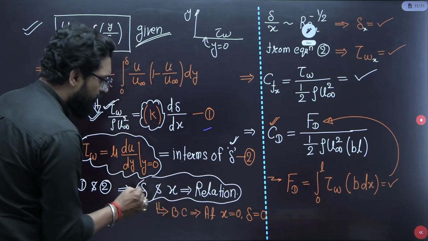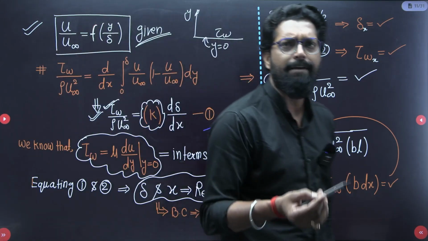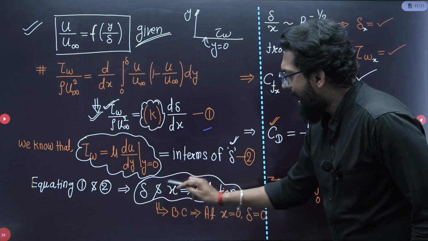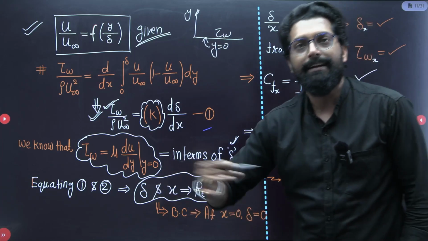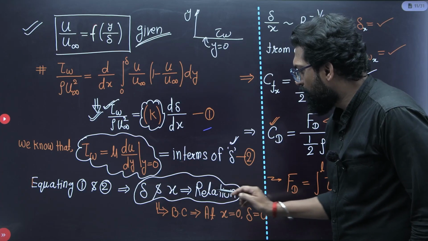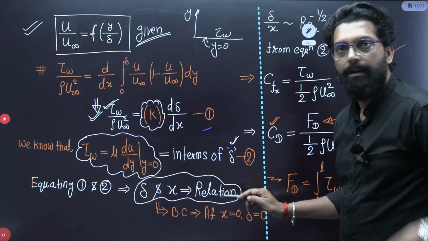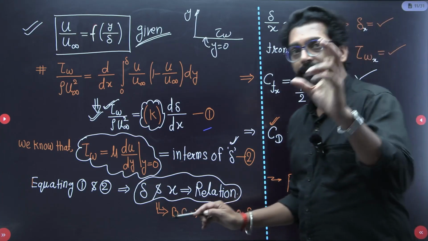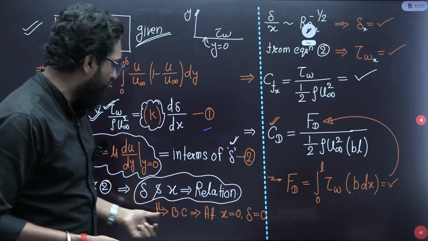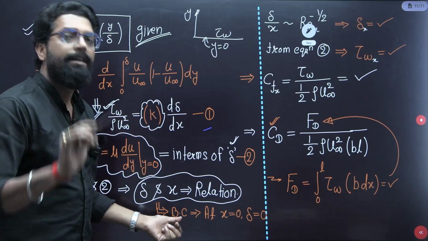You have an equation in the form of a quadratic equation or any type of nature, sinusoidal or any type. Delta is the boundary layer thickness and x is the linear distance along the plate. So for x and delta, you have a relation in the form of an equation. Now, in this equation, there is one constant term. So, how to find this constant term? Apply the boundary condition, which is very basic.